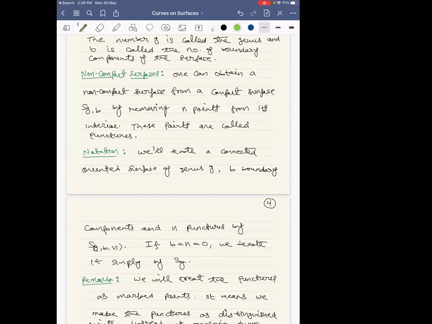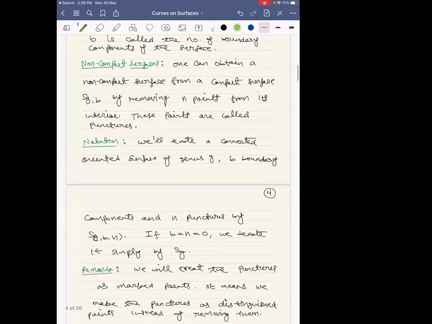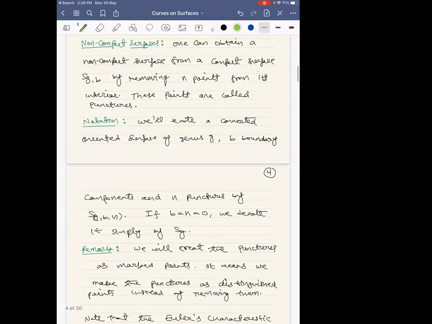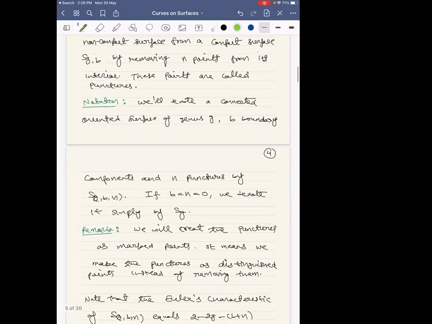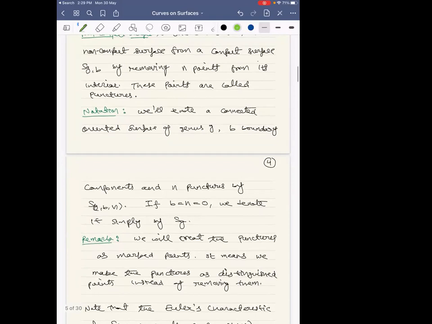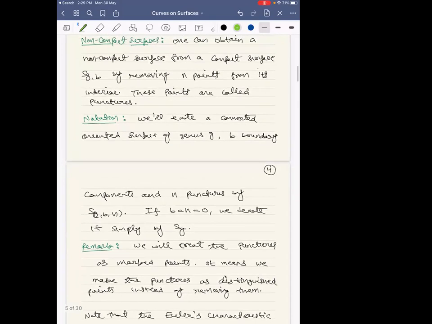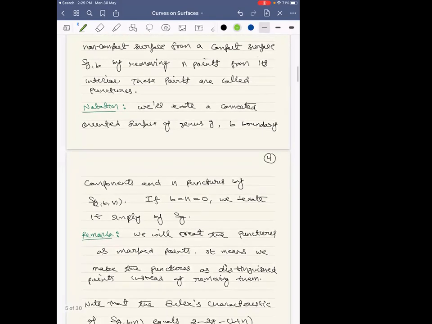There are infinite type surfaces, right? Yes, those we are not considering. Definitely, thanks. Those are always there, but we are not considering them. We will be mainly concerned with finite type surfaces, with fixed G, B, and N. Yes, you are right.